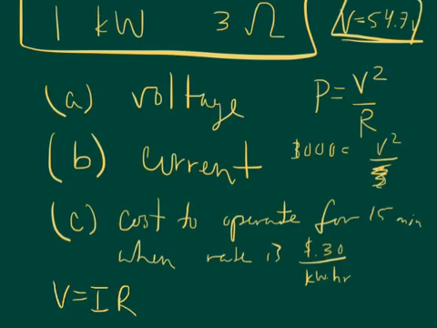So if you came up with 20 volts for part A and not 54.7, and then you did the right work in part B, I would still give you credit, obviously. Part C, make sure you look at your notes. We did an example for part C. Power times time times rate. It's watts, not work.